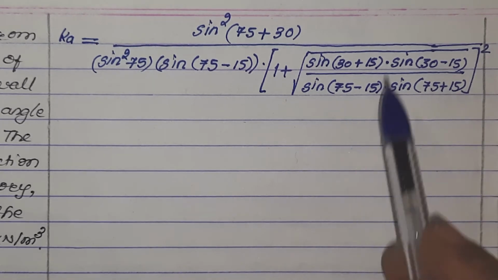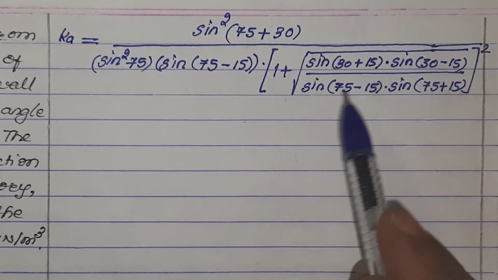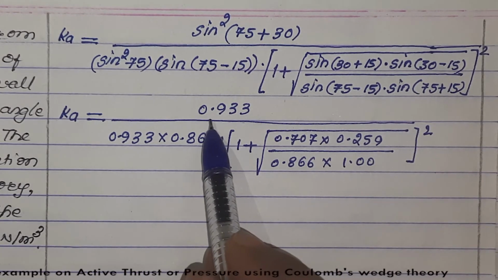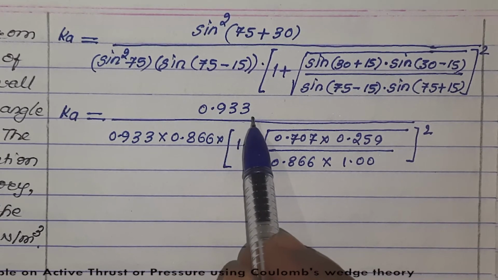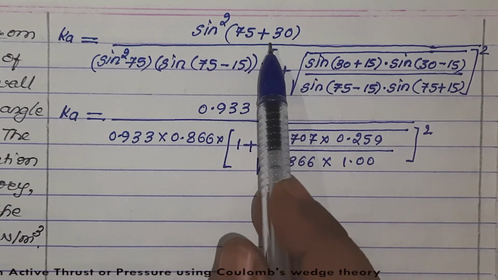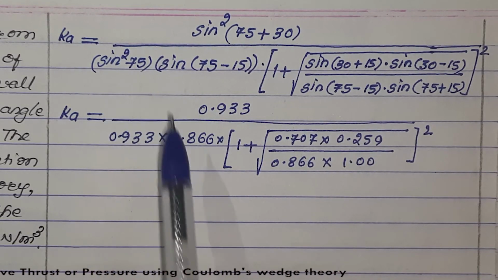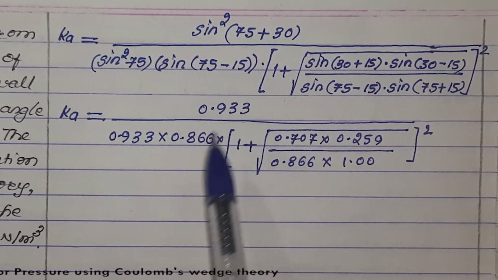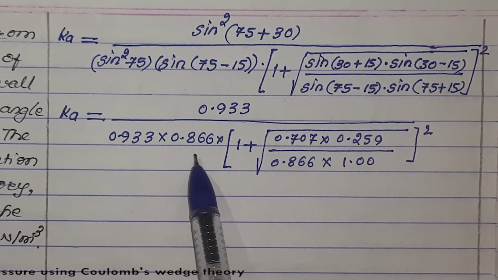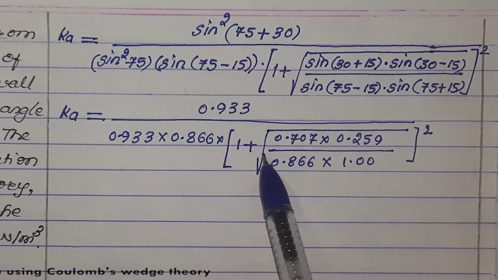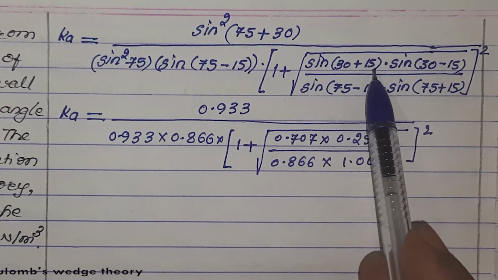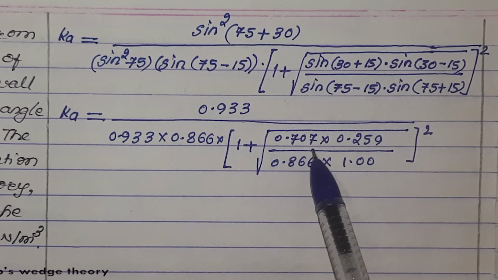Okay, let us solve this and get the value of Ka. In the numerator, we will get 0.933, that is the square of this quantity, divided by sine square 75, which is 0.933. Sine of 75 minus 15 means sine 60, which is 0.866. 1 plus under root of sine of 30 plus 15, that is sine 45, which is 0.707.